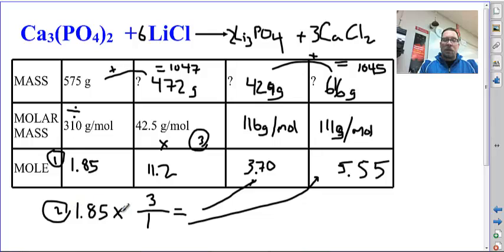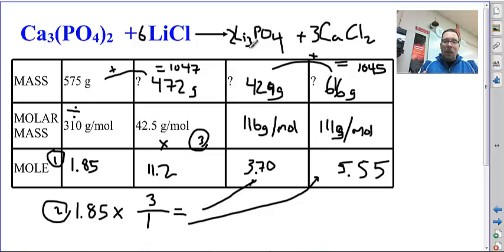Second step was to multiply by the molar ratio. This is the last little bit of mistakes, making sure that I put the one I'm looking for over the coefficient of the one I'm starting with. The other little point is I could have just used this one to find that one or that one. Once I have any of these moles, I can use them in a ratio here to find the other.